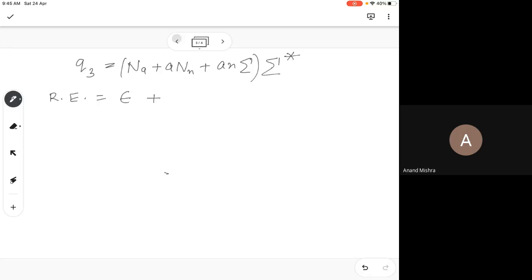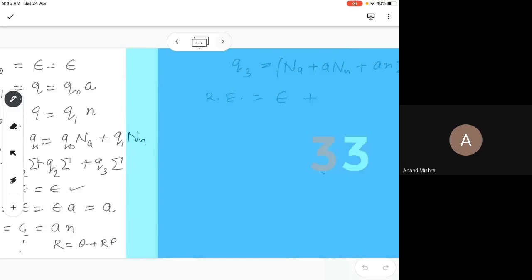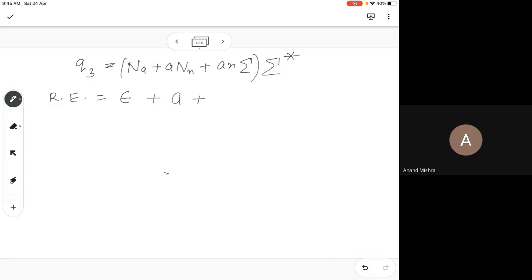Union can be written as plus; plus or union are used interchangeably. Then Q1 A, and Q3 is not A, not N, A, N, sigma, sigma star. So very simple, this is what it is, and this is the regular expression coming as the final answer.